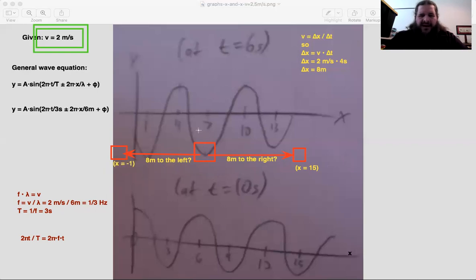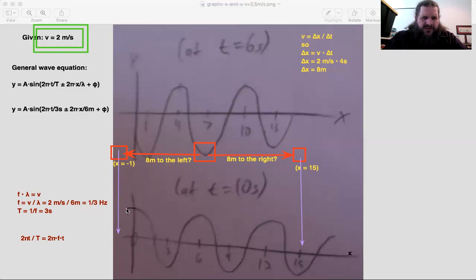We take a look at the locations x equals -1 on the other graph and x equals 15 on the other graph. Does it look like either of those locations have a trough? Yeah, it looks like 15 is definitely a trough. -1 is not exactly shown on the graph here, but you could certainly imagine continuing to draw this.